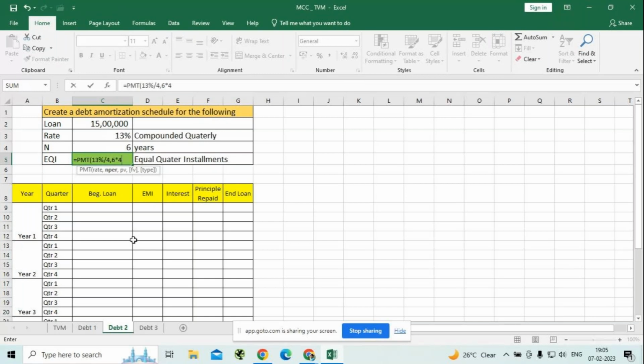The percentage is divided by 4, and the years are multiplied by 4, comma, minus 15 lakhs, comma, 0, comma, 0. So every quarter you are supposed to pay 90,973.36.